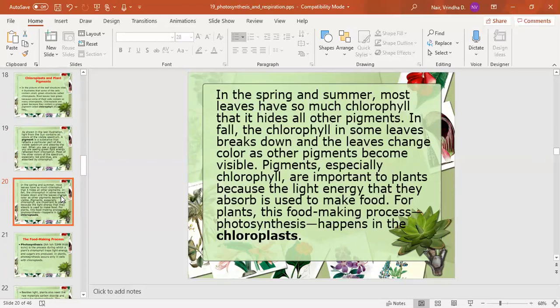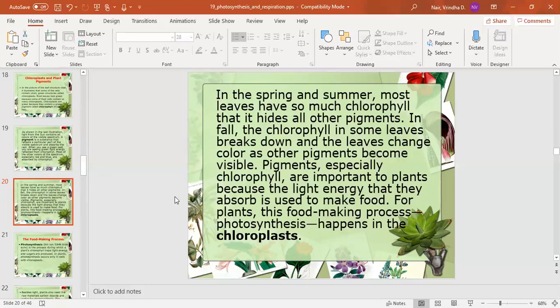So in fall, the chlorophyll becomes diminished, meaning it becomes lesser and lesser, and then you can start seeing the color of other pigments that are in the leaves. That's how you see the pink or orangish colored leaves that come during the fall.